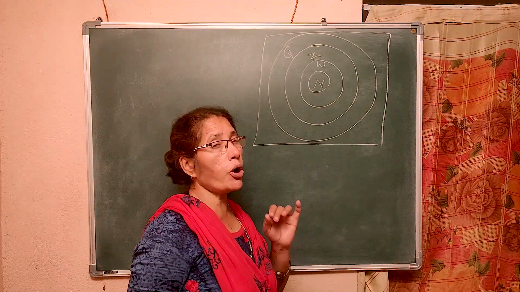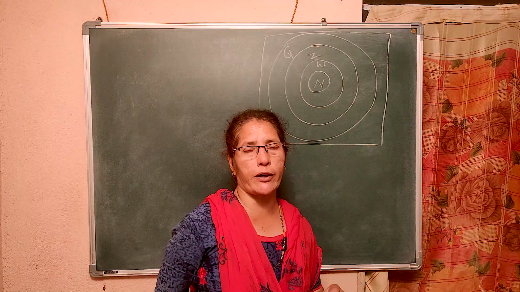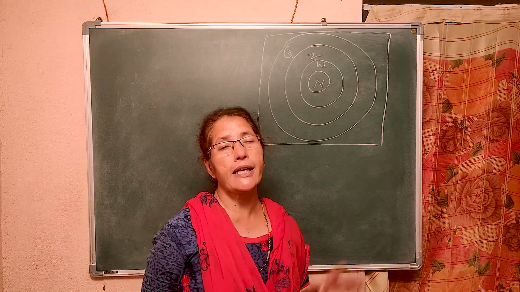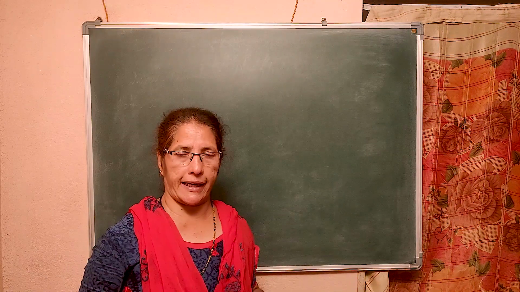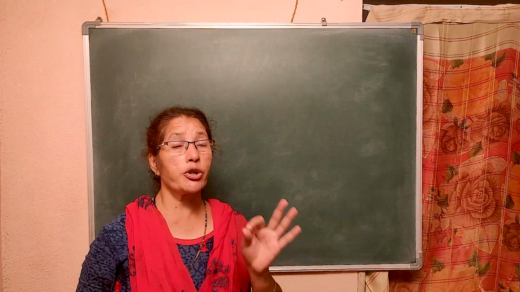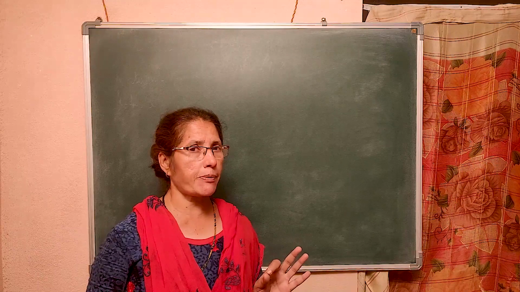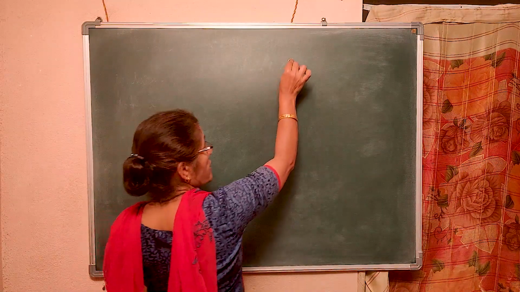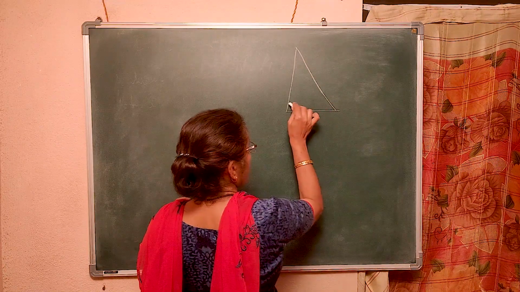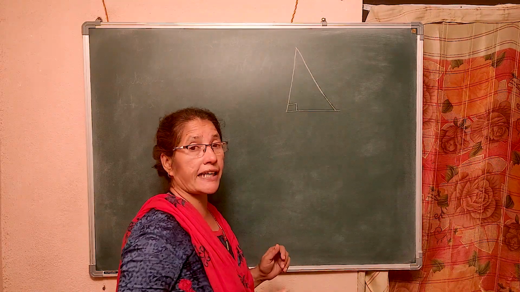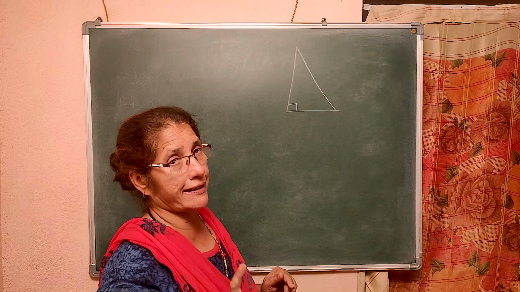Now, we should know how to locate square root of 2, square root of 3, square root of 5 on a number line. In order to locate square root of 2 on a number line, we should use the Pythagoras theorem. Do you know what the Pythagoras theorem is? Pythagoras talked about a right-angled triangle. If one angle is 90 degrees, then it is called a right-angled triangle.